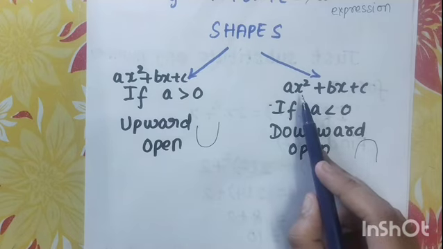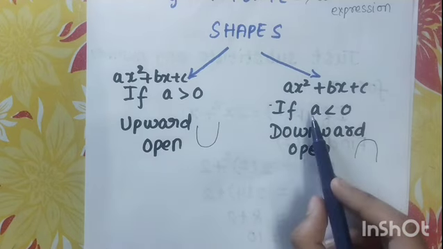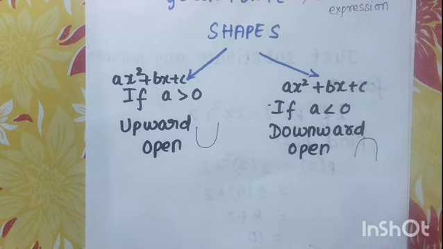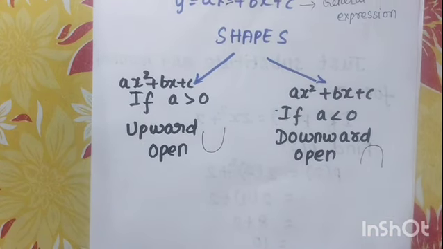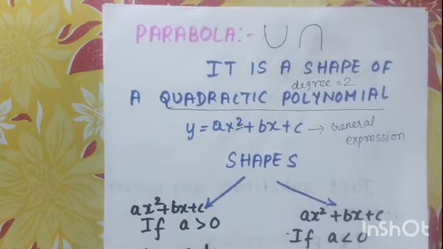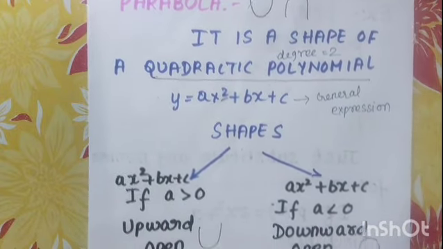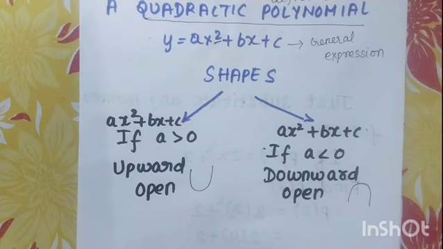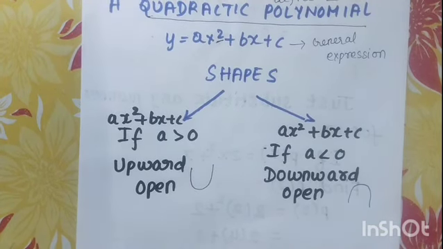If the coefficient of x square, which is a, is less than 0, then the parabola will be downward. This will be useful for your 1 mark questions. In exercise 2.1 we'll be seeing about parabola in detail. So that's it for the introduction to chapter 2. Okay, thank you.